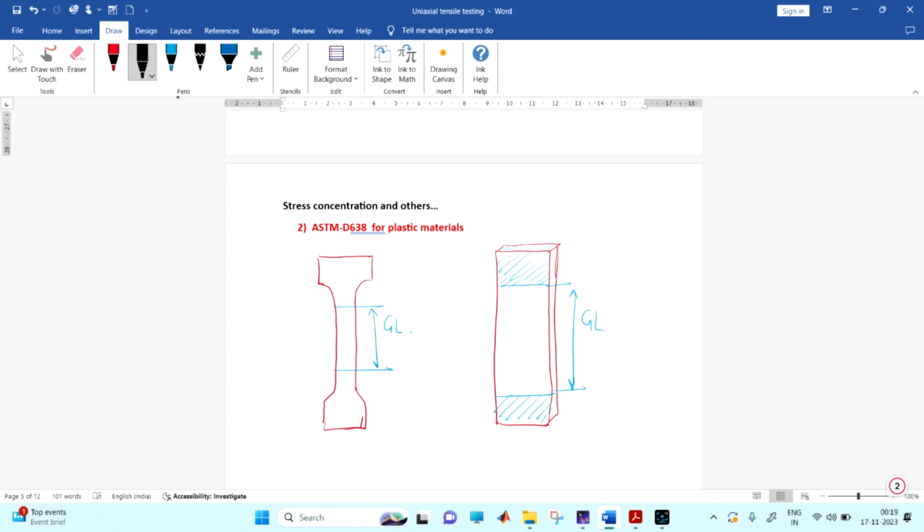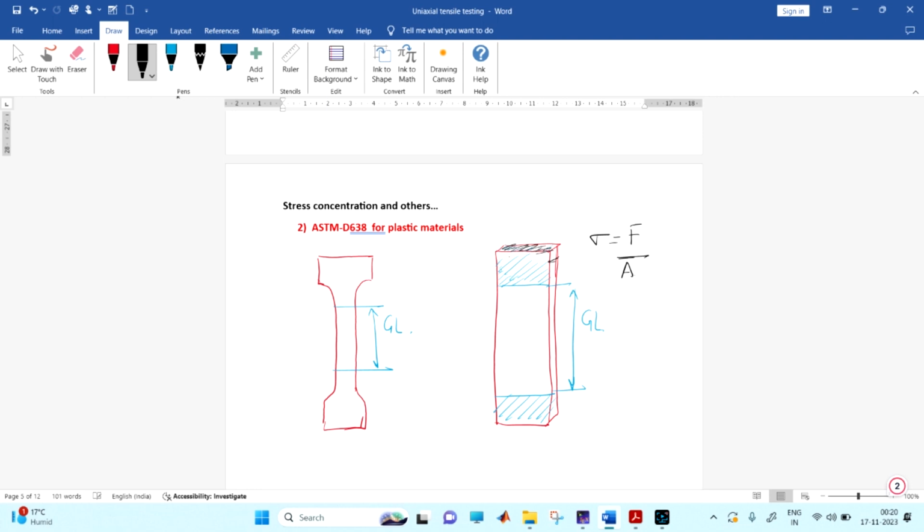What will occur when this part is held by the grips? While holding in the grips, this cross section will get a little bit thinner. There will be some squeezing of the material, or the thickness will get reduced. The overall reduction may be 0.001, but it is lesser. And the stress is force over area, that is the cross sectional area.